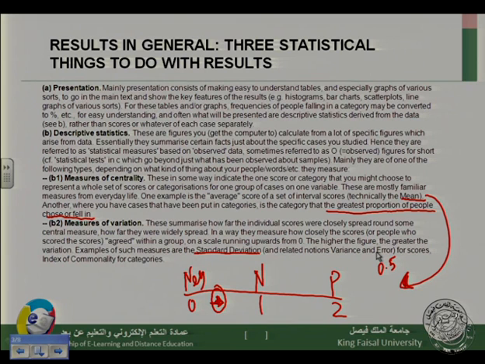So after we calculate, we get something called standard deviation. If the number is great, then the scores are spread, not very close. The smaller the number, that means they are very close to each other.